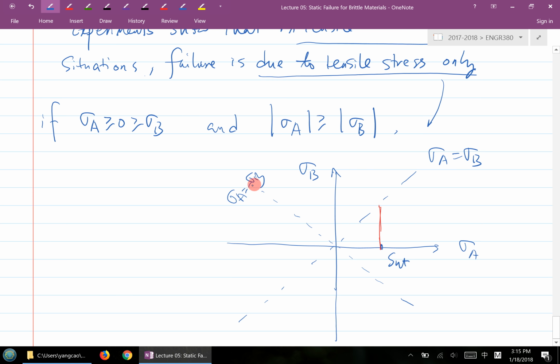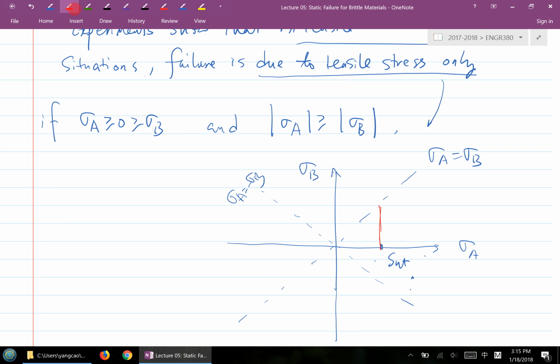Now, if you look at the portion above this line, whenever you pick a point here, sigma A is greater than sigma B. So this portion is the tensile stress dominant portion. And the observation is the failure is due to tensile stress.